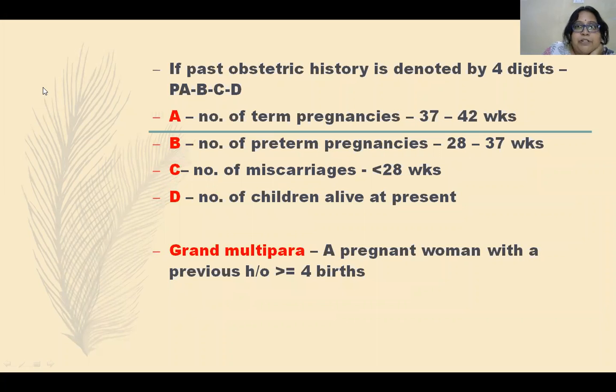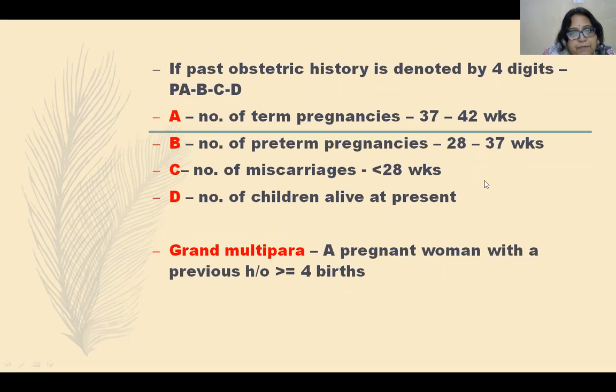In some institutions, some people will follow this notation of 4 digits, that is P, which are joined by this hyphen. P, A, B, C, D. P is the parity, A is the number of term pregnancies, that is between 37 to 42 weeks. Next, B is the number of preterm pregnancies, that is 28 to 37 weeks.